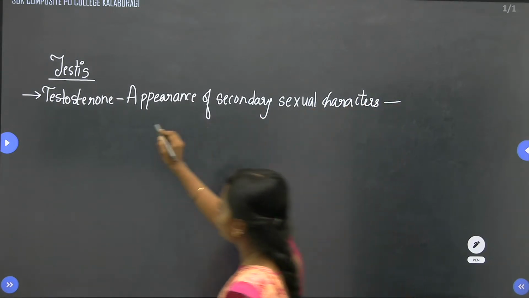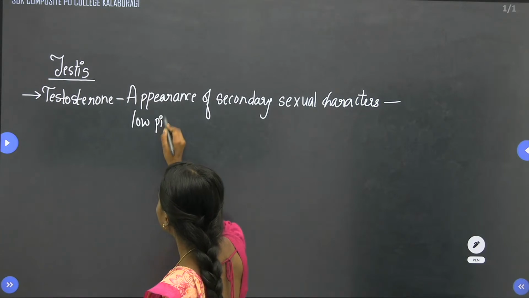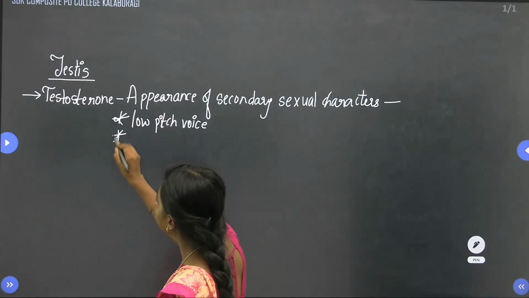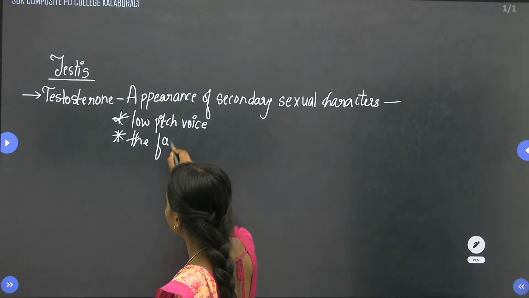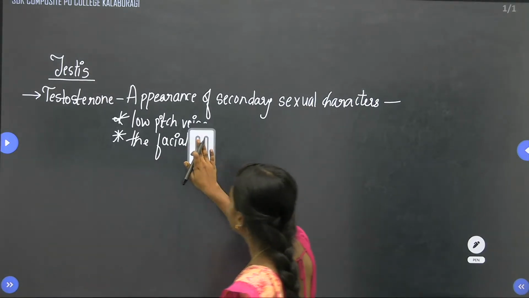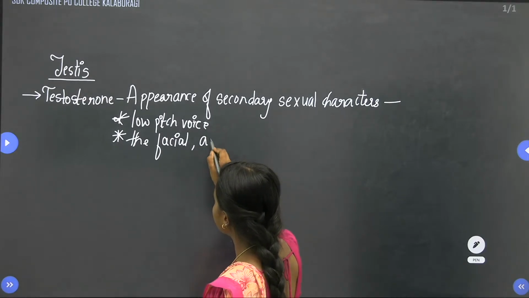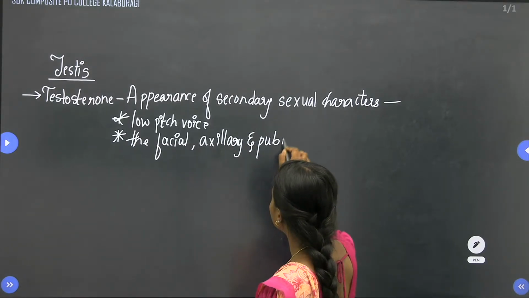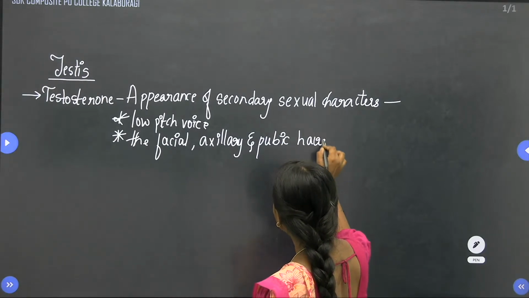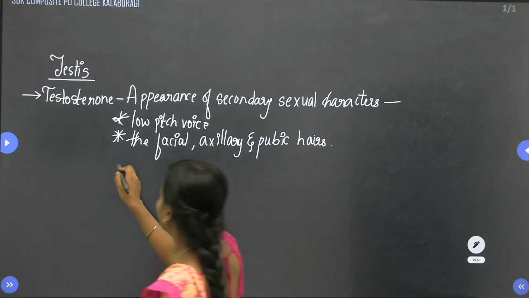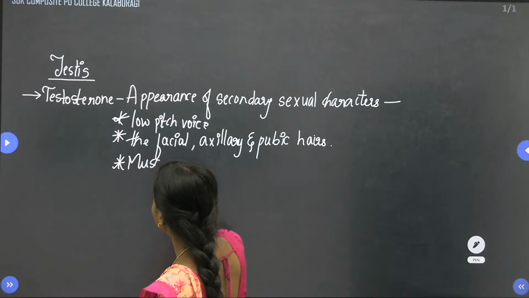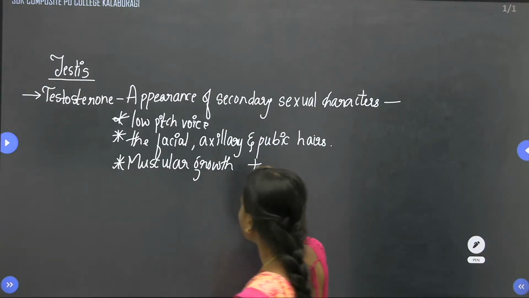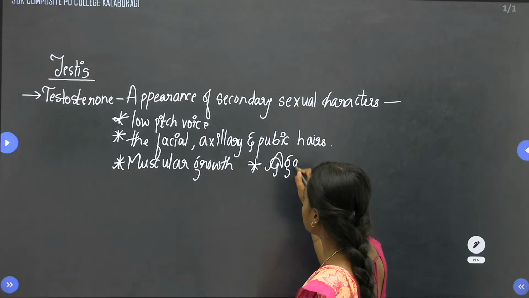For example, it can be appearance of low pitch voice, or it can be appearance of facial, axillary, and pubic hairs, or there can also be appearance of muscular growth, or it can also be appearance of more aggressiveness.